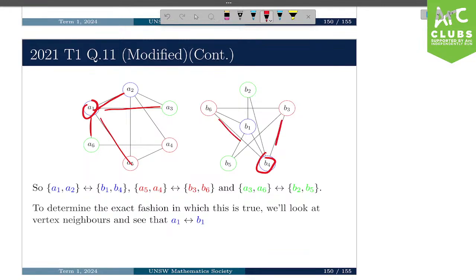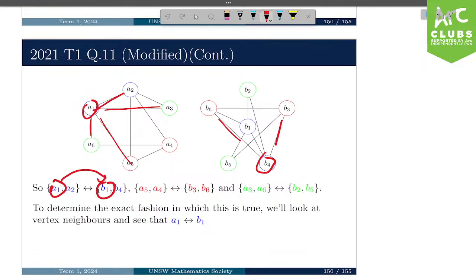That's bad, because the vertex neighbors of each vertex must be preserved. If A1 mapped to B4, that's not going to work out because we have B4 connecting to 2 degree 3 vertices, while A1 only connects to 1 of them. So instead, A1 must map to B1, something like this.